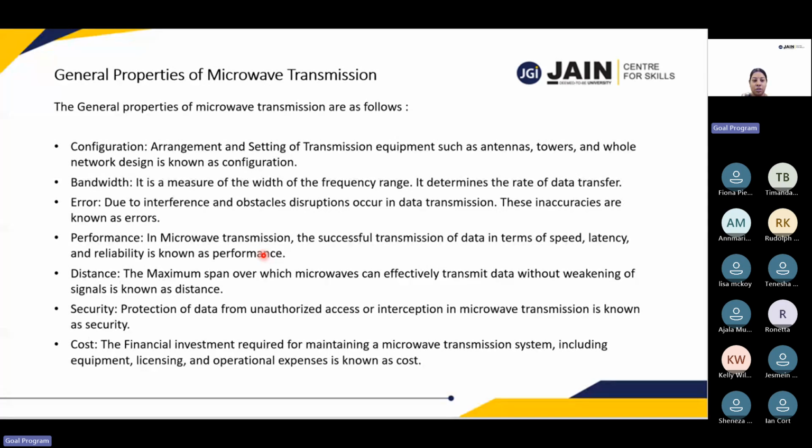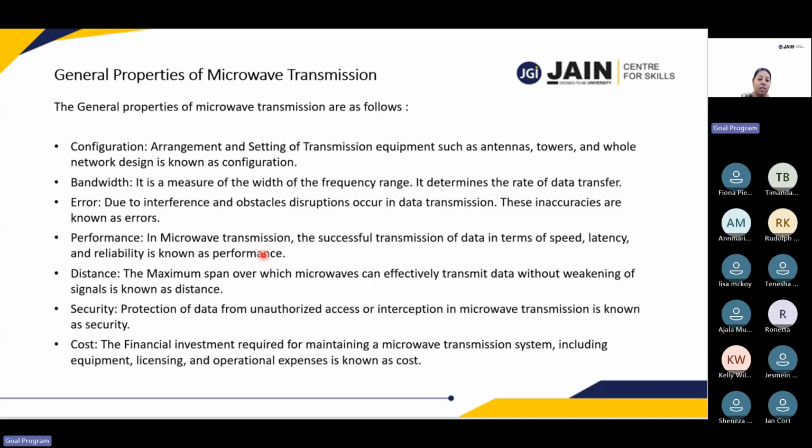No interception and no unauthorized user being able to access your data in microwave transmission is known as security. The level of security provided to microwave transmission varies, but it is increasing.